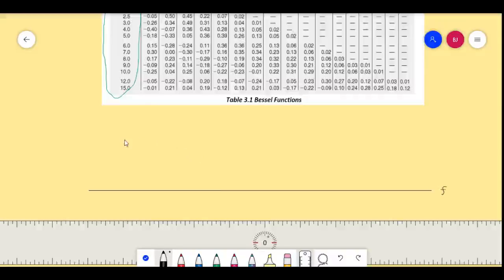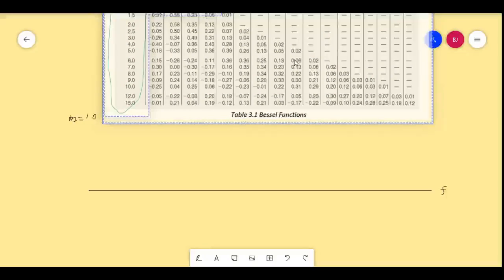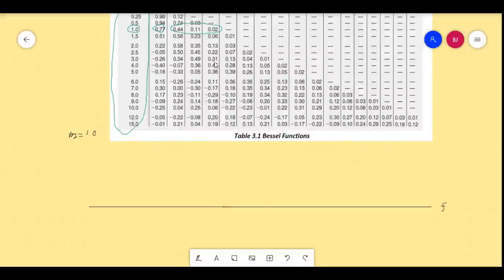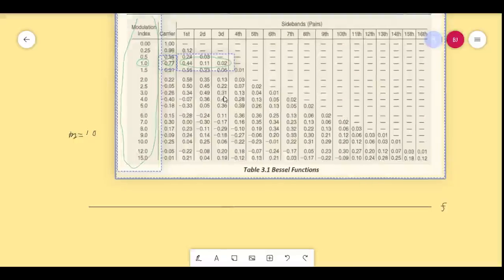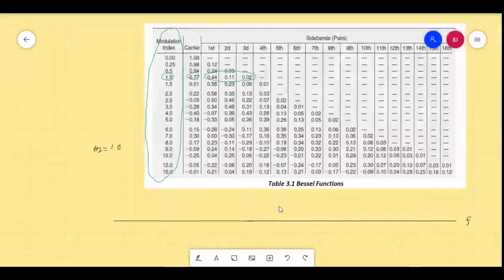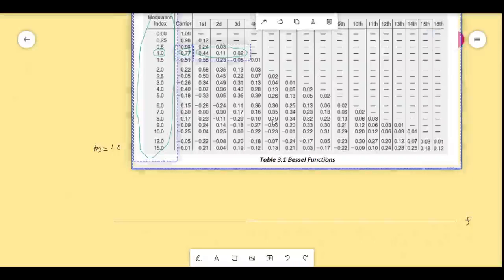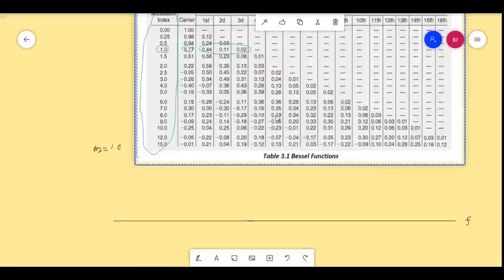So the first thing that we have to do, we were given that the modulation index is 1. From our table right here, the 0.77 relates to the carrier, which is 0.77. So that is the one that we're going to draw first.